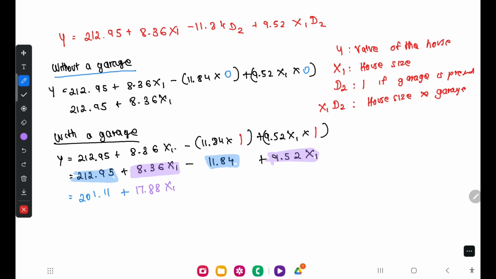So if you all see, between without a garage and with a garage, both the intercept has changed and the slope has also changed. Slope changes, intercept too changes.